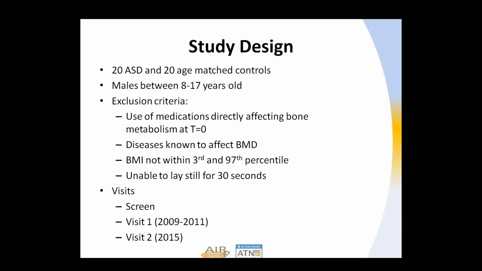We also excluded boys who had diseases known to affect bone mineral density, like celiac disease. We excluded boys below the 3rd percentile or above the 97th percentile, and boys who couldn't stay still for the 32nd DEXA scan.